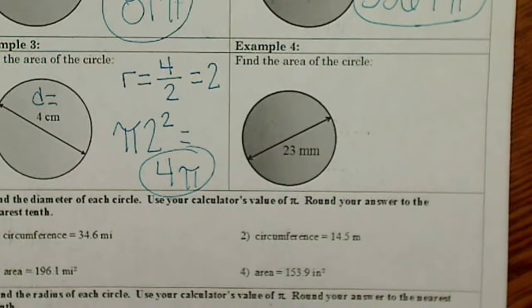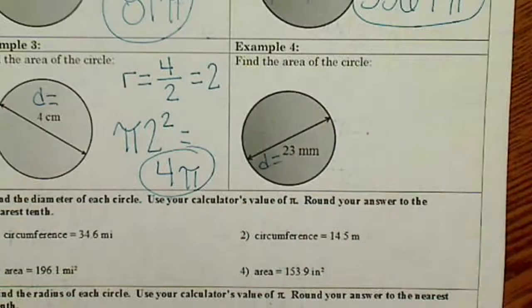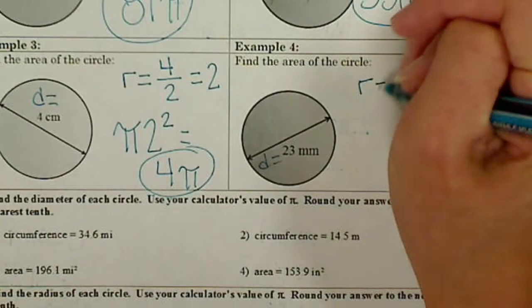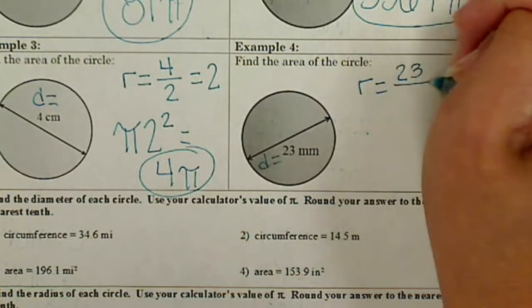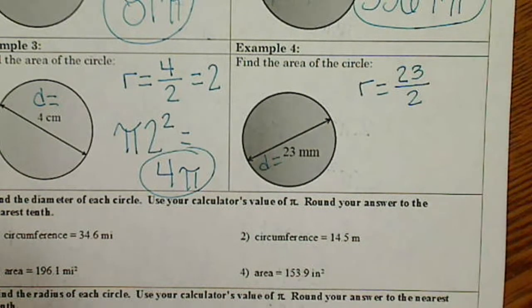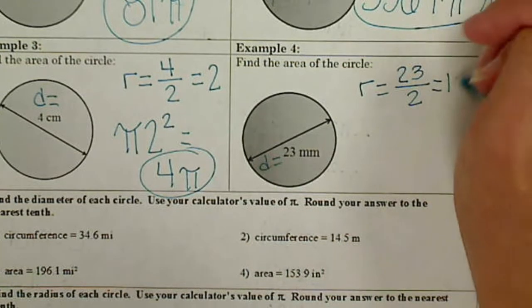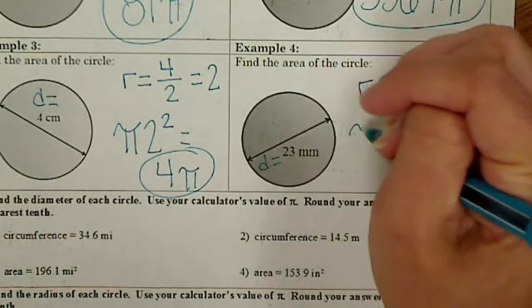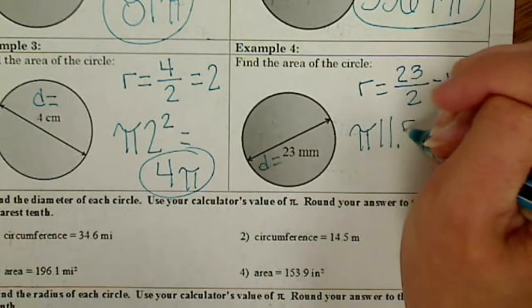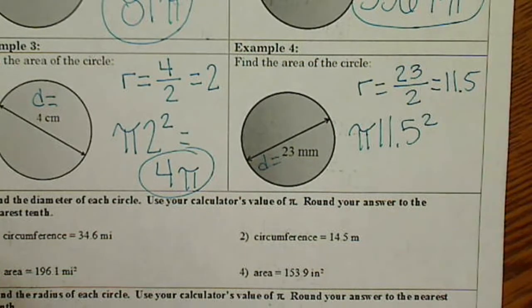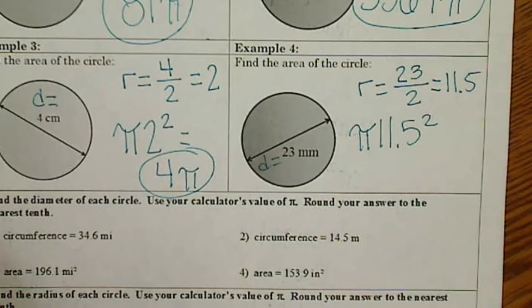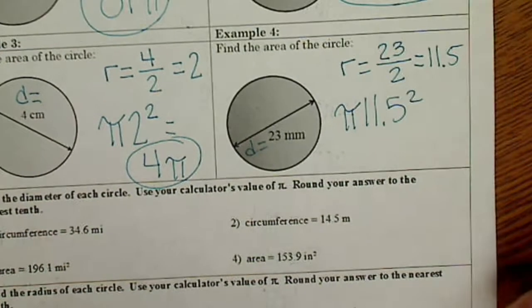Okay, same for example 4. This is a diameter. So we need the radius. So we take 23 and we divide it by 2 and we get 11.5. So we do pi 11.5 squared. I am typing that directly into my calculator.